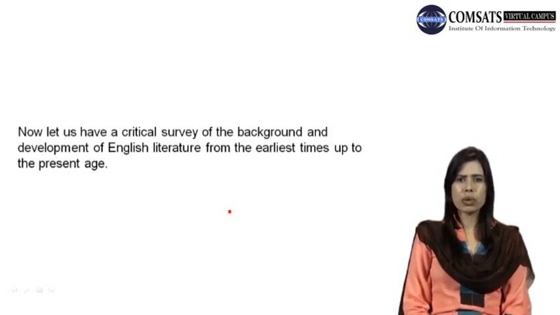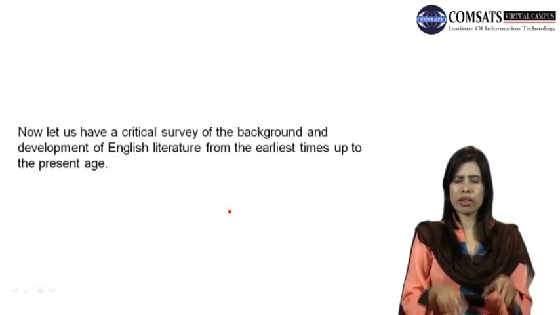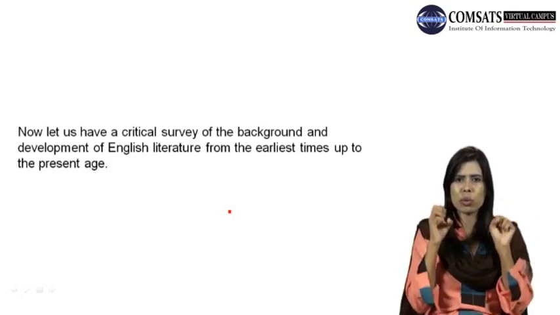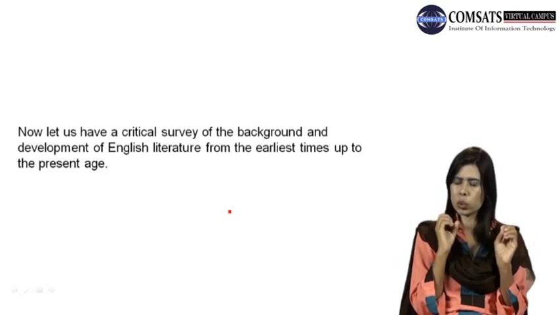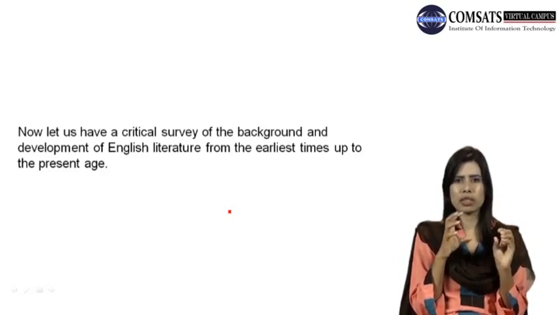But today I just want to give you a briefing about the history of English literature. So we won't discuss in detail all the periods and the ages today, but it is just a brief survey in order to show you the vision of the history of English literature, what exactly that is.